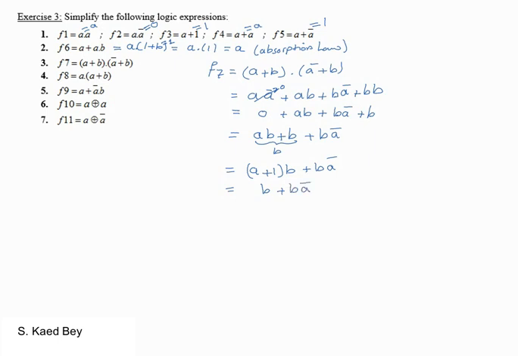This can be further expanded as B into 1 plus A bar. Now 1 ORed with A bar is 1. So here the answer is B ANDed with 1, which is always B. So F7 now equals B.